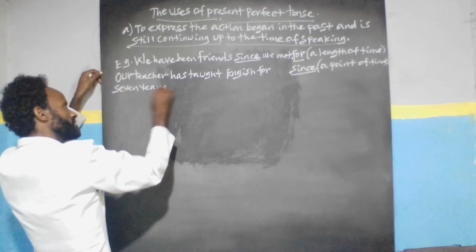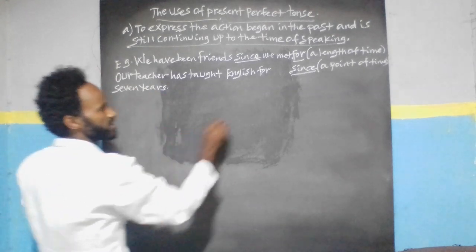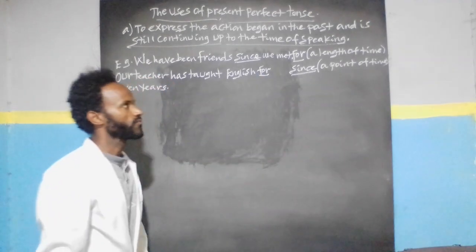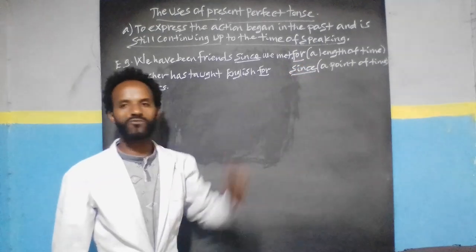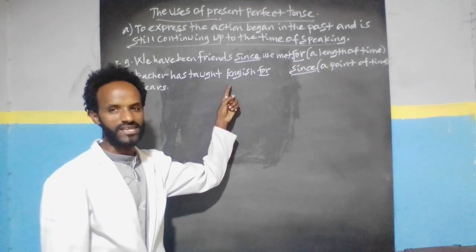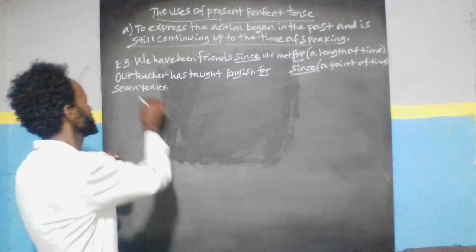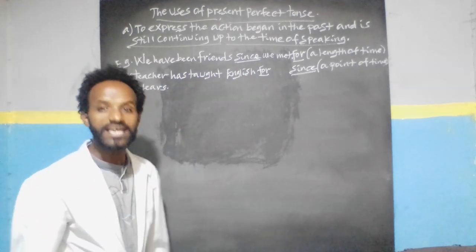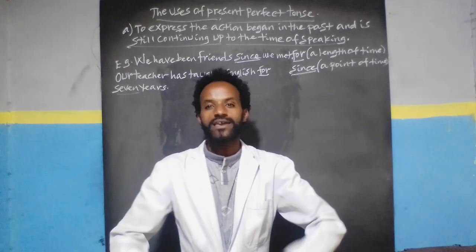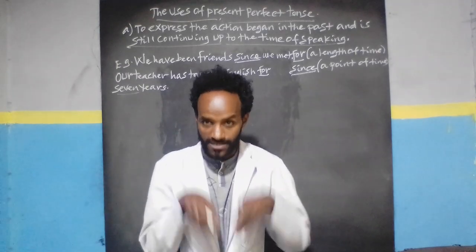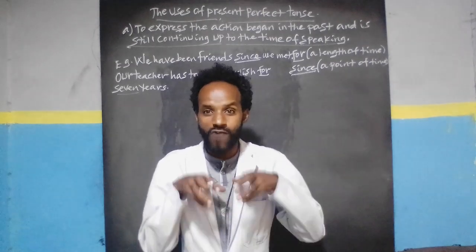For what? 7 years. Here I have for, which shows a length of time. When we say this, our teacher has taught English for 7 years, it means that our English teacher is still teaching English at the time of speaking, right now.